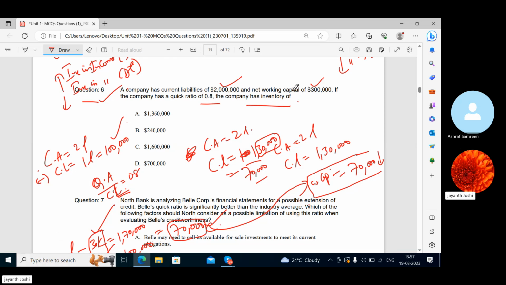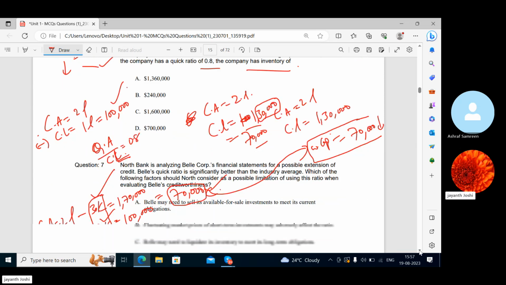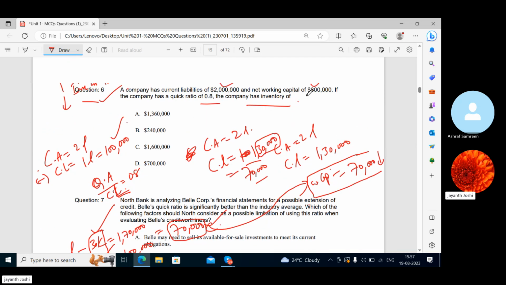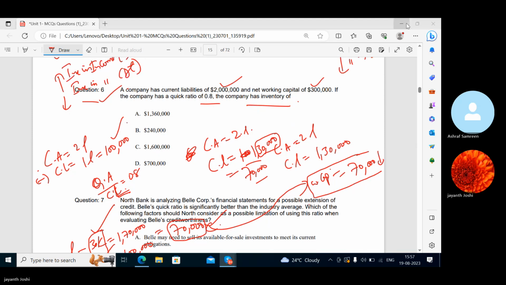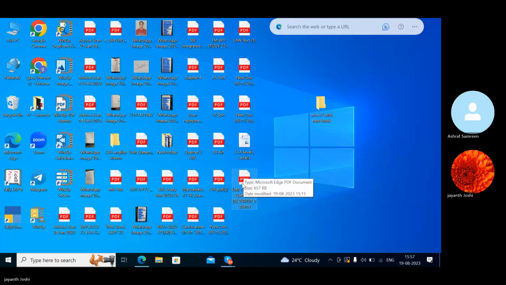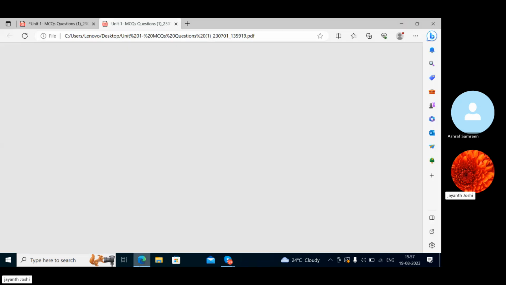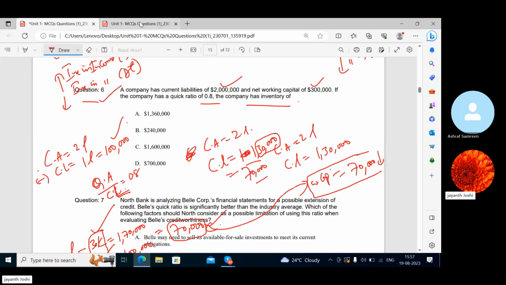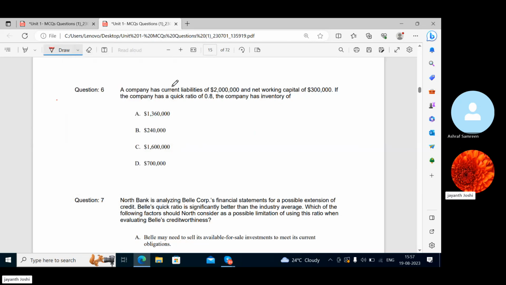If I take working capital, we will do one thing. I'll take up a fresh page and solve this. So the company has a current liability of 20 lakhs, net working capital of 3 lakhs.